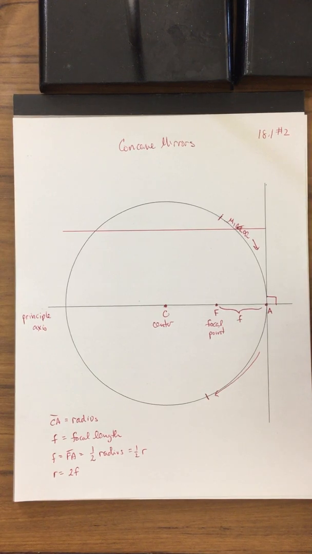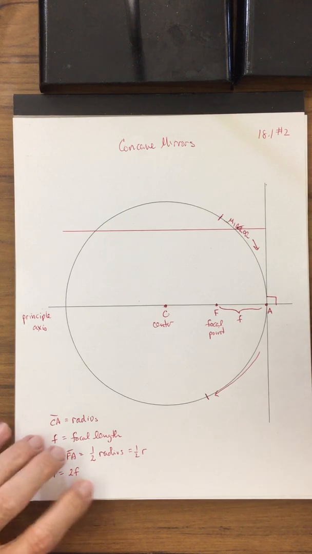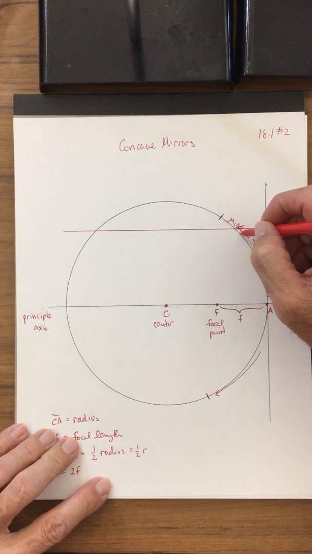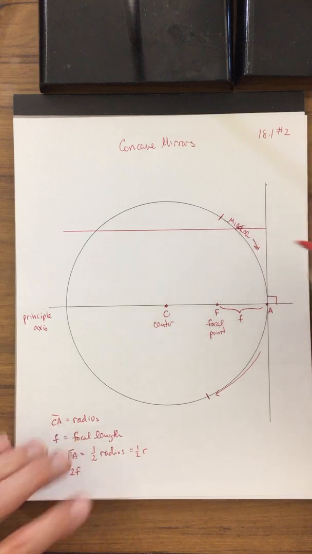If you remember the concept, a circle is composed of an infinite number of infinitely small flat surfaces. So there are tiny little mirrors, each one of them flat.